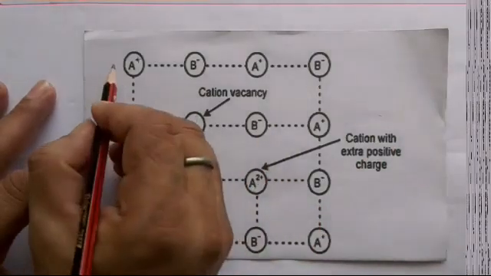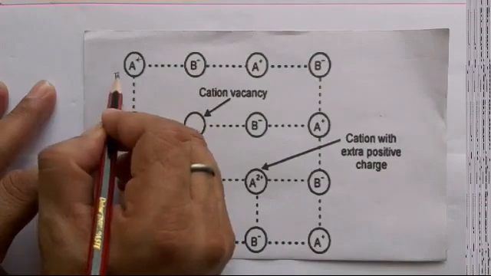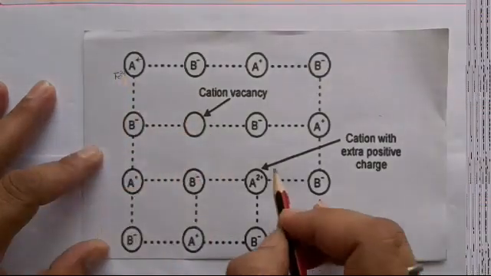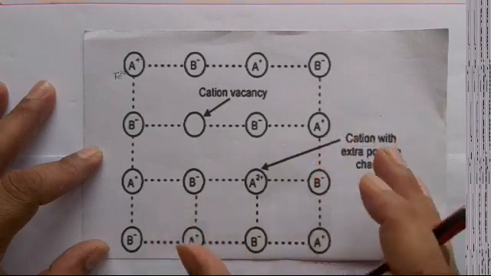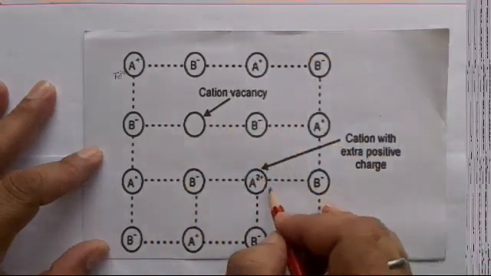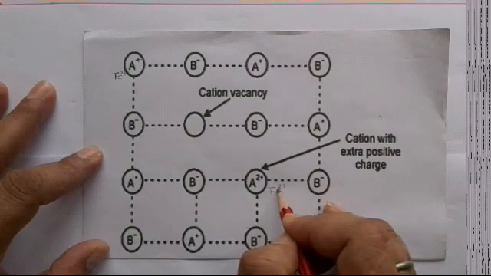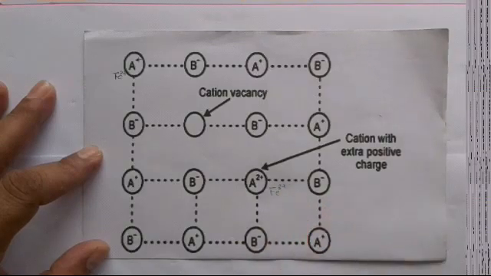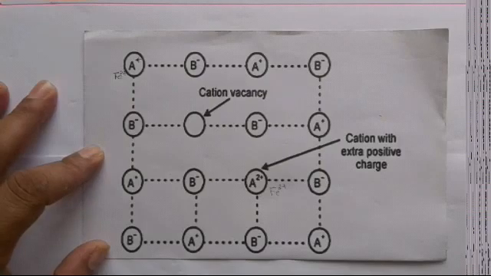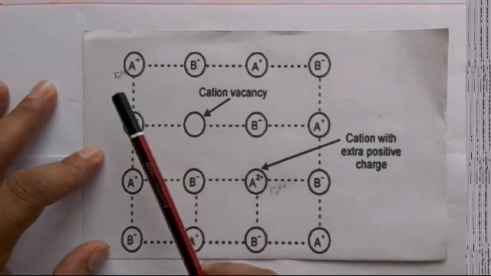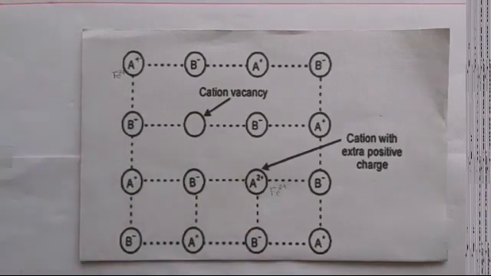Let's take an example of iron. If Fe2 positive is there, then another type of cation here could have been Fe3 positive. So what happens is electrical neutrality is maintained, though the stoichiometry is not the same, as these are two different oxidation states.